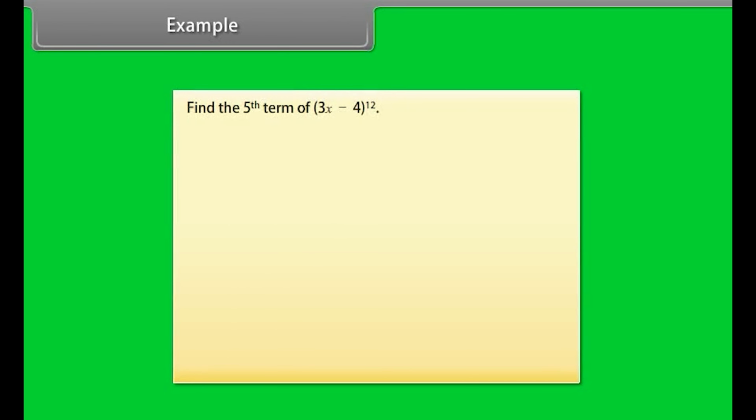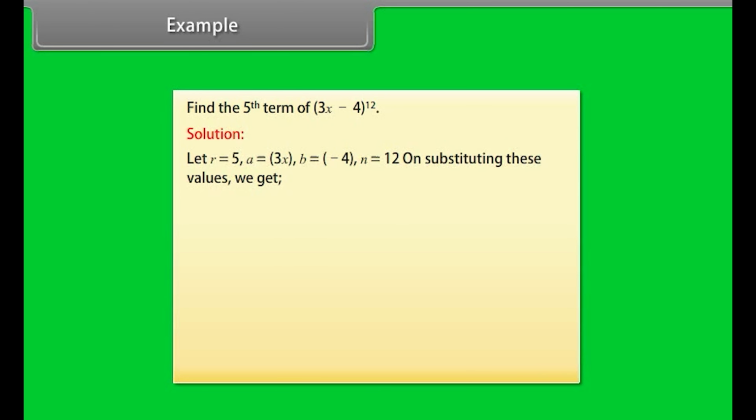Example: find the fifth term of (3x - 4)^12. Solution: let r is equal to 5, a is equal to 3x, b is equal to minus 4, n is equal to 12.